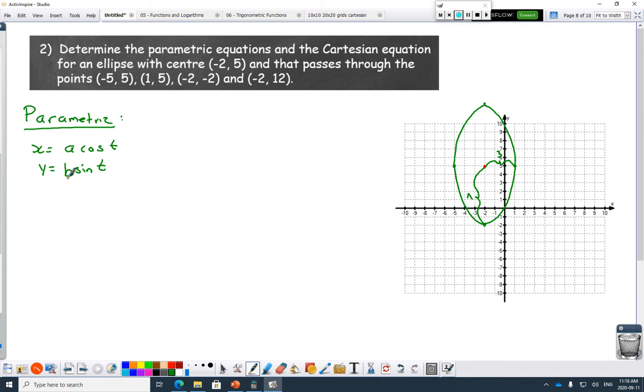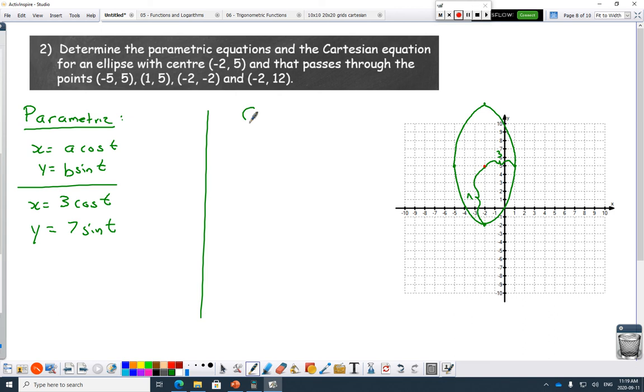Y equals B sine t. Good. So the X stretch, that A value, is a 3. X equals 3 cos t. Y equals, the stretch this way was a 7, so 7 sine t. Good? No, not good. I'm missing something. I'm going to come back to it.